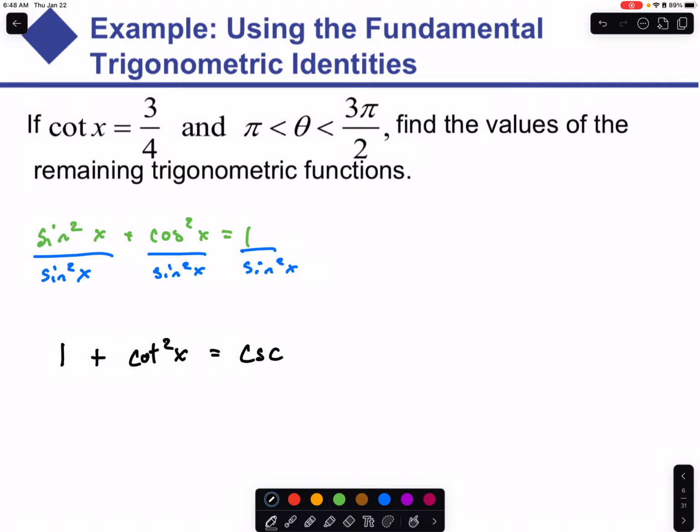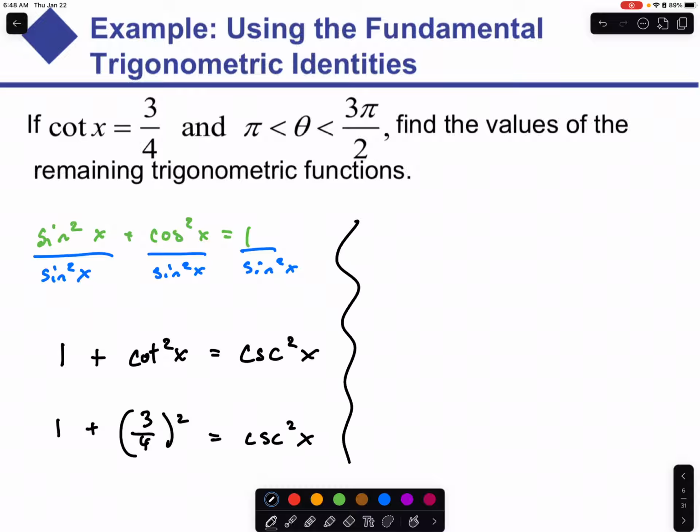cosecant squared x. So now if cotangent is 3 over 4, then it's looking like 1 plus 3 over 4 squared equals cosecant squared x.